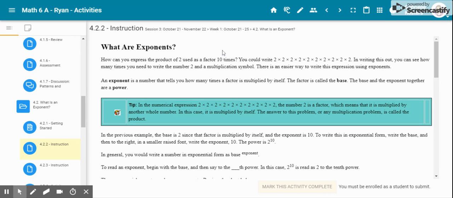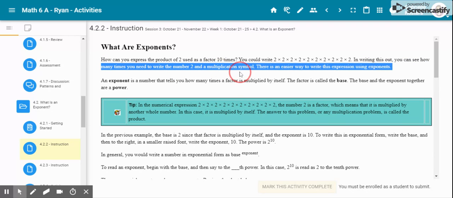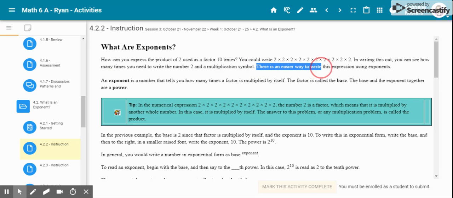So basically, 2 times itself 10 times. You could write that out. 2 times 2 times 2 times 2 times 2. You get the picture, 10 times. But in writing this out, you can see exactly how many times you need to write the number 2 and a multiplication symbol. So this is all about an easier way to write this expression using exponents.